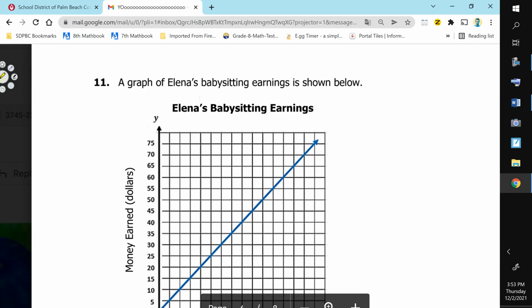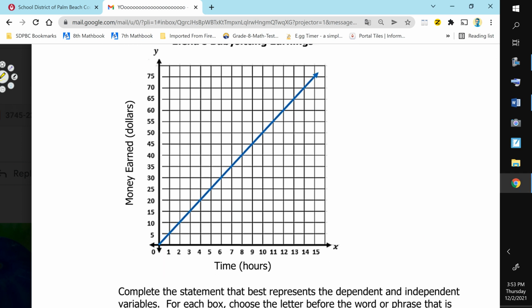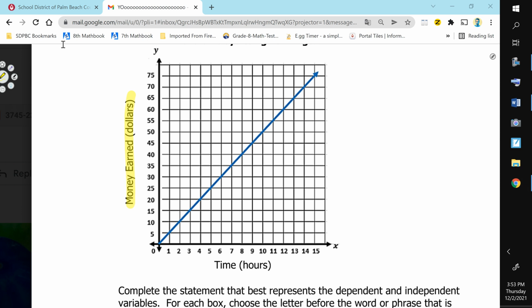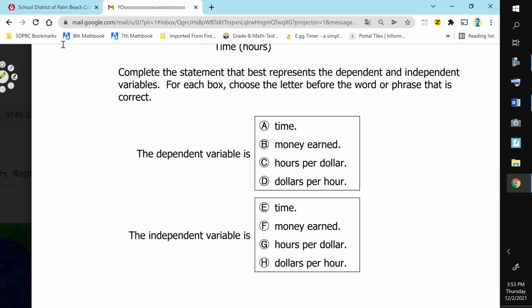Number 11. A graph of Elena's babysitting earnings is shown below. There's the graph. This is the money earned in dollars. This is the time in hours that she's worked. Complete the statement that best represents the dependent and independent variables.